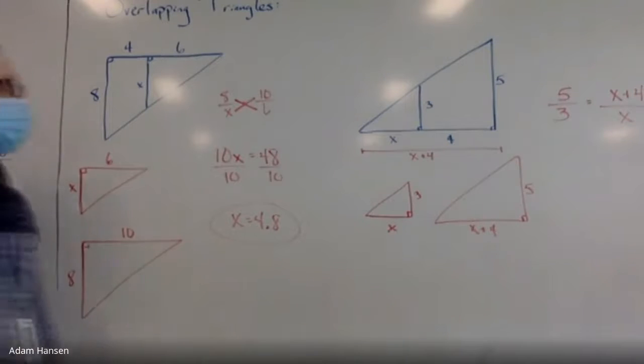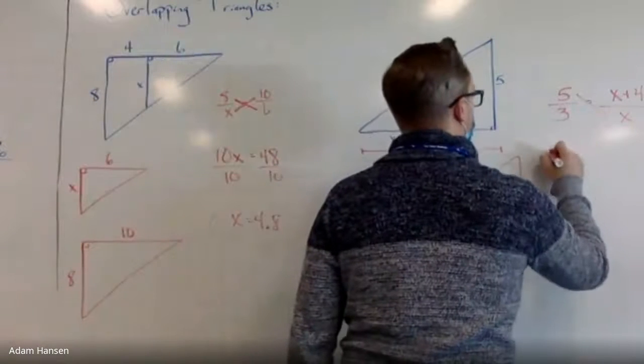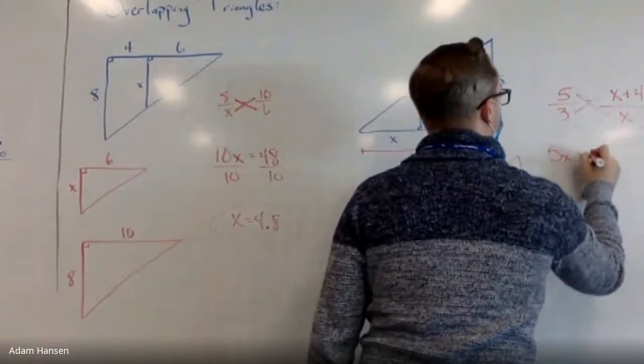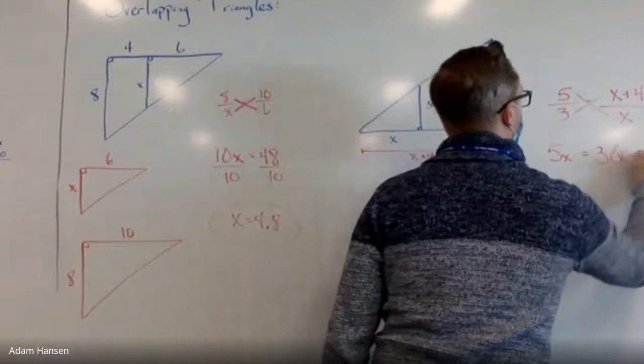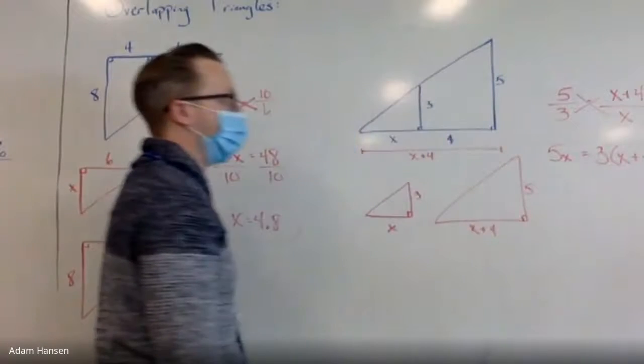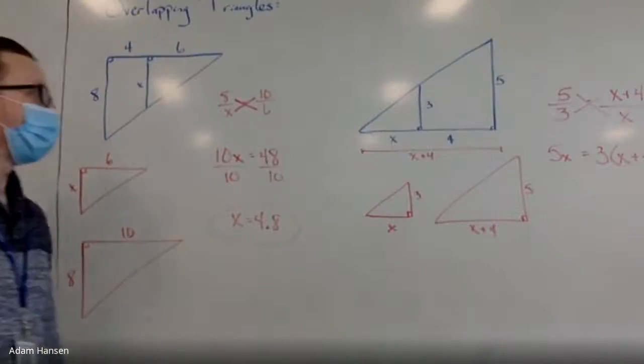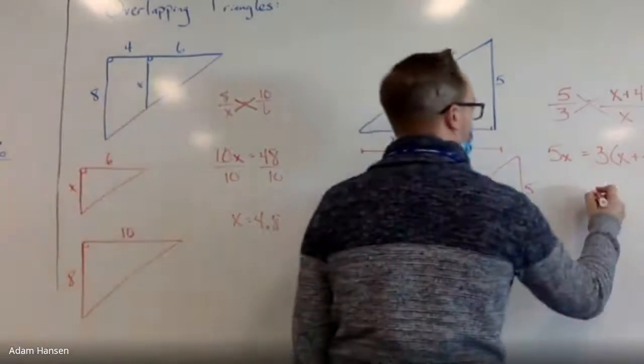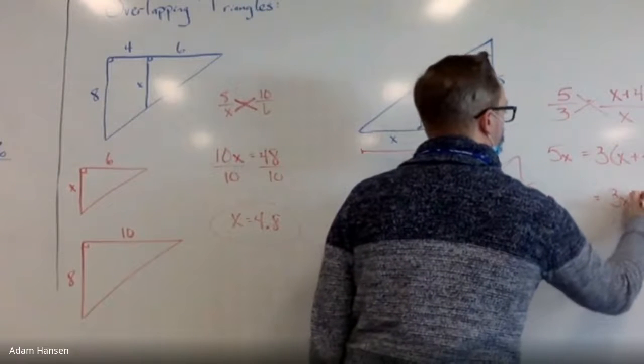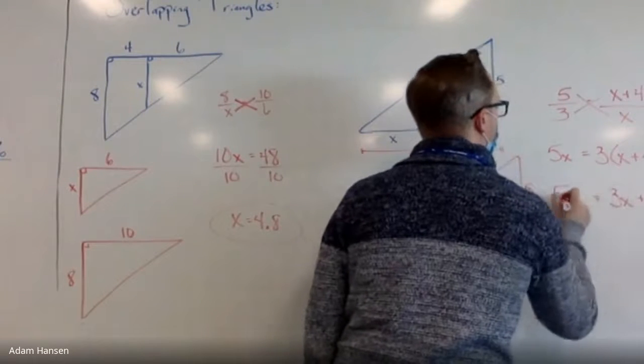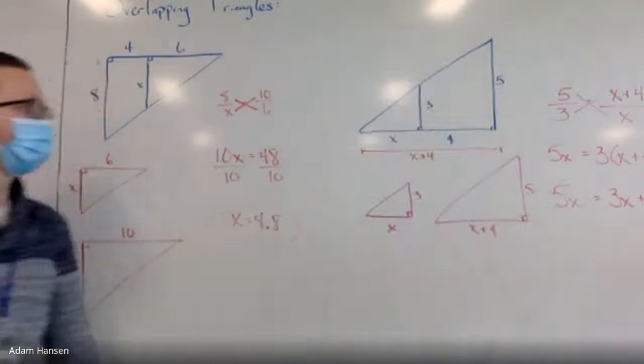Start cross multiplying. 5 times x is 5x. 3 times quantity x plus 4, or the other cross product, x plus 4. Sure, you just distribute right away. Tristan says take 3 times x and 3 times 4 to get 3x plus 12. Bring down the 5x also on the left.